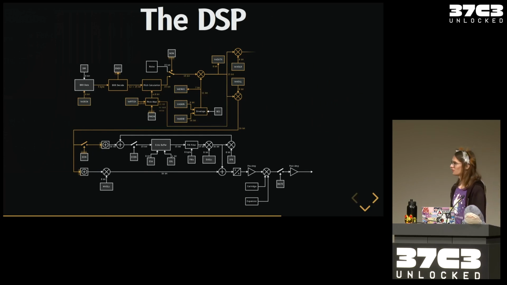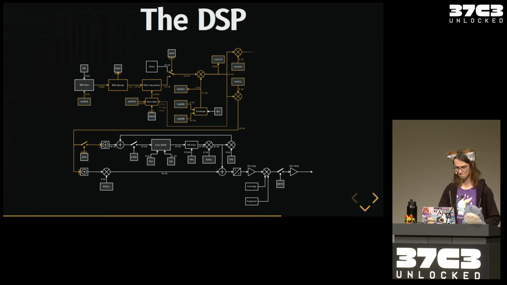We have now explained everything about how the sample format works, and all of this decoding happens in hardware, of course, and I'm going to talk more about how the hardware works. This is a full, or pretty much full, slightly simplified block diagram of the DSP's internal pipeline. The orange parts exist, one for each voice, and the gray parts are registers or memory which the DSP interacts with.